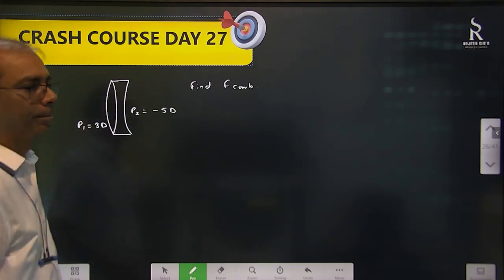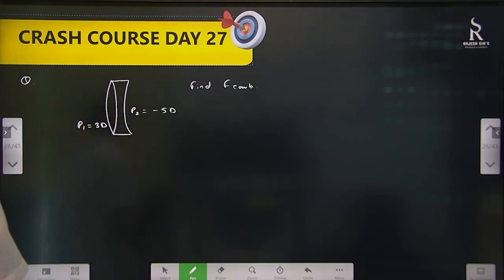See, power of the combination question is there. One is convex lens, other one is concave. It is given to us. What is power of combination? Simple question. So what's coming?